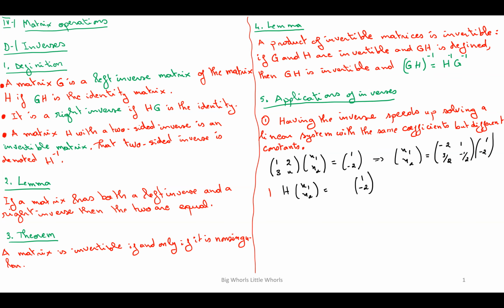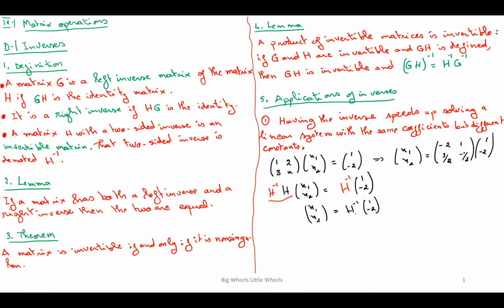If I multiply H by H inverse, and multiply the right-hand side by H inverse as well, the left becomes an identity. Therefore I am left on the left-hand side with x1 x2 equals H inverse times 1 minus 2.